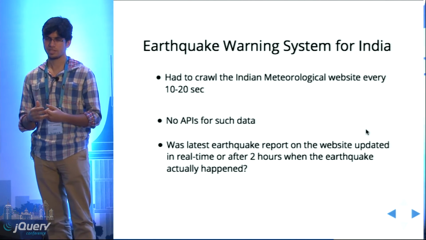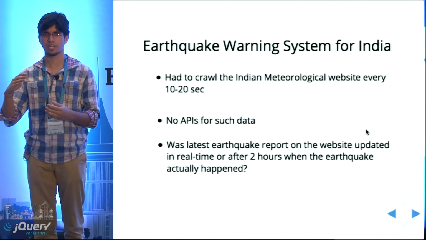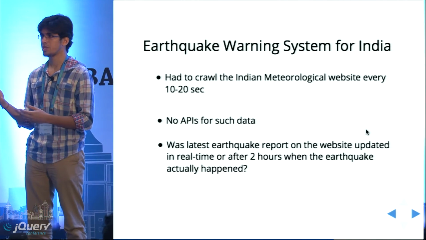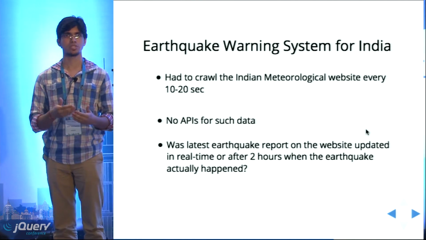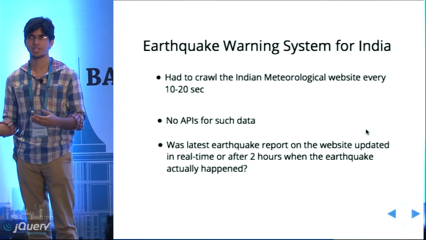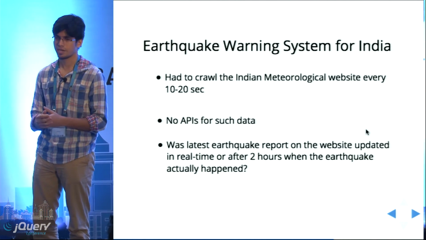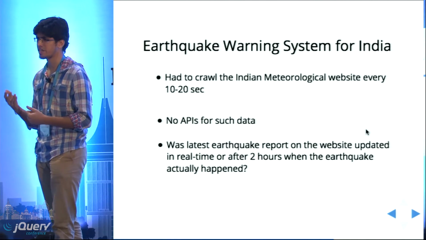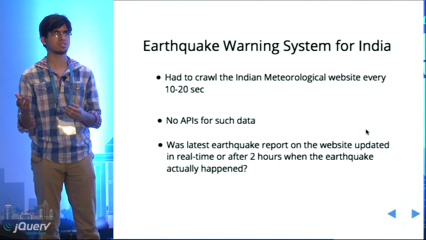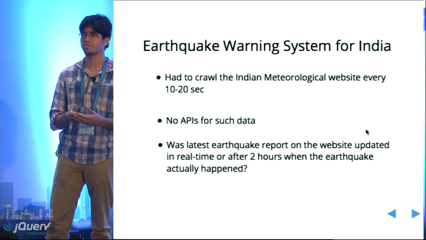There's this Indian meteorological website which has a page that shows the latest earthquake report regarding where the recent earthquake came, what magnitude, the latitude and longitude. But because there's no API, I had to crawl every 10-20 seconds, which was a very inefficient way. Another doubtful thing was, if an earthquake happened somewhere at, say, 6 p.m., does it instantly get updated on the website?